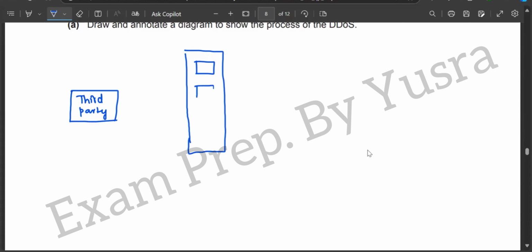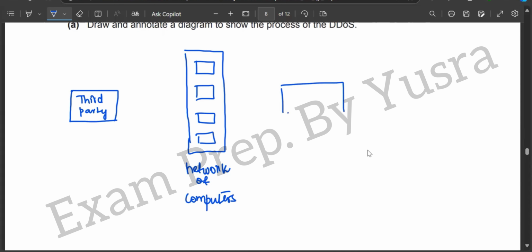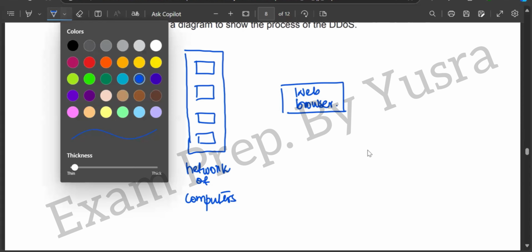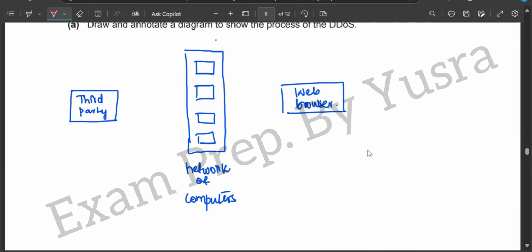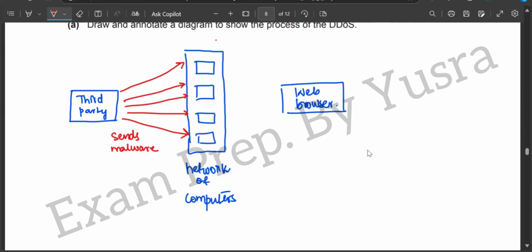It sends requests to a network of computers. There are many computers in this network. The third party sends malware to the network of computers, and this network of computers forwards the requests to the web server.